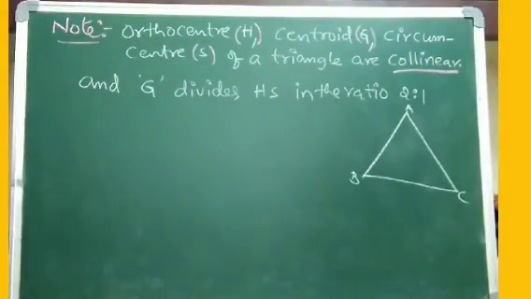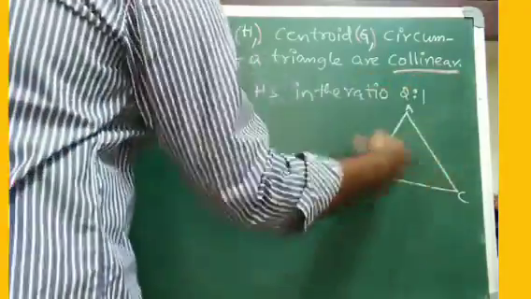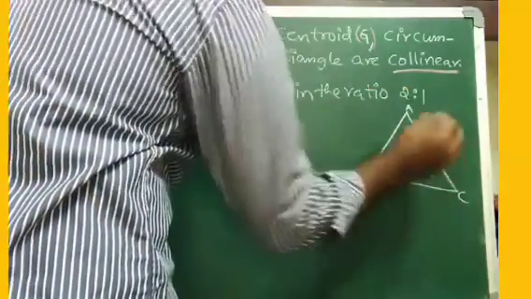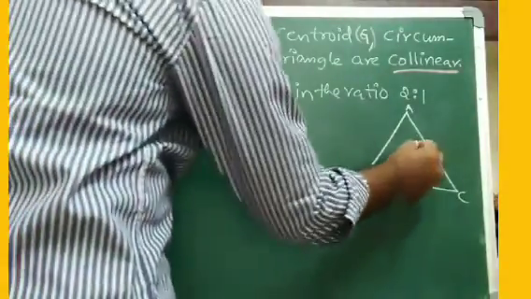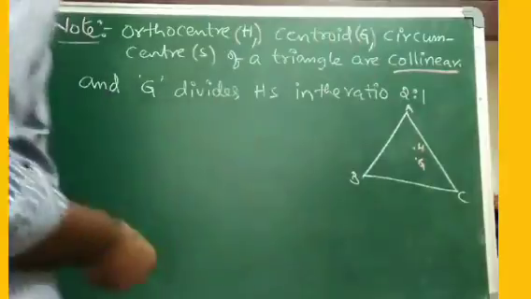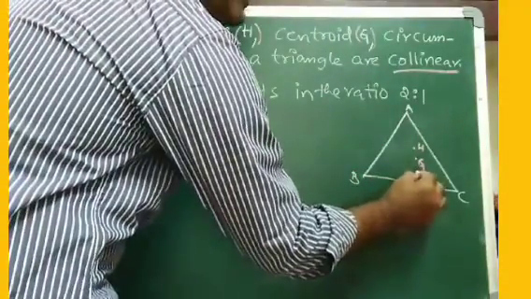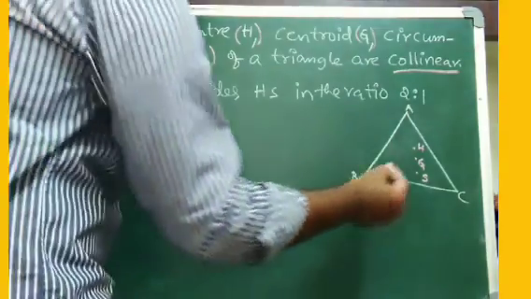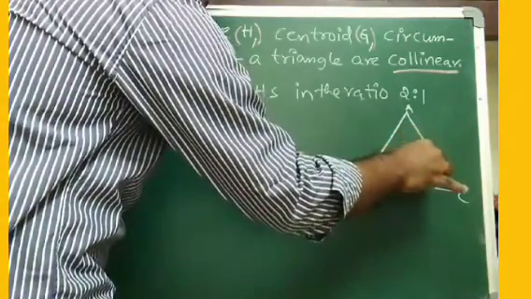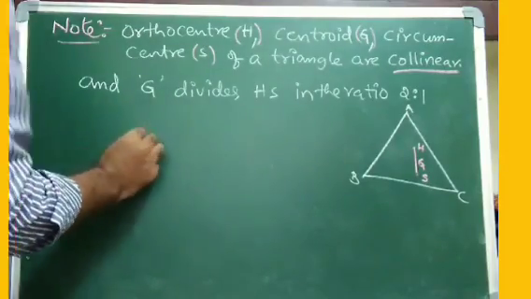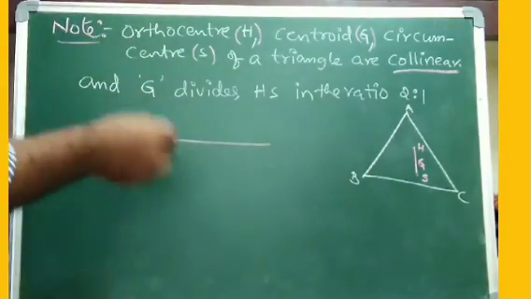In a triangle, suppose this is G, the centroid will be here, then the orthocenter will be a little bit above the centroid and the circumcenter will be just below the centroid. And if you join them, these three lie on a line.